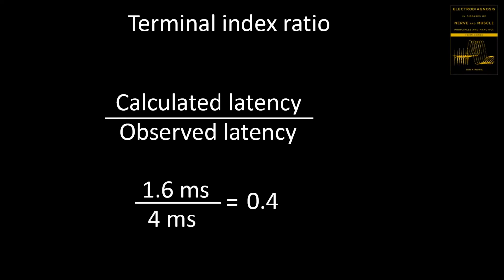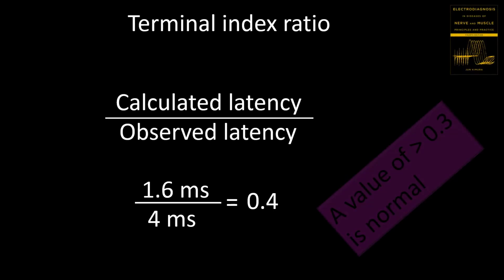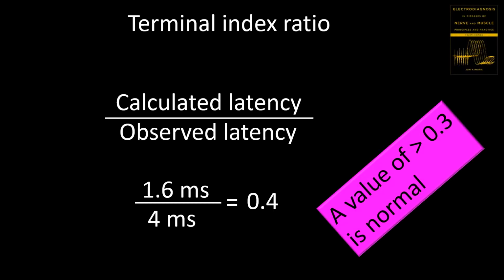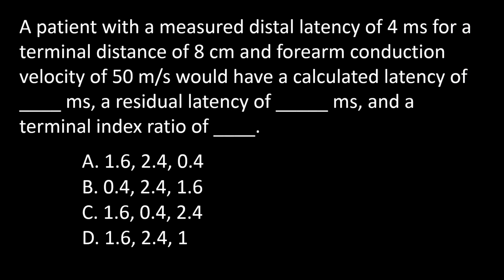So 1.6 milliseconds divided by 4 milliseconds is 0.4. A value of more than 0.3 is normal. So the answer to this question is A.